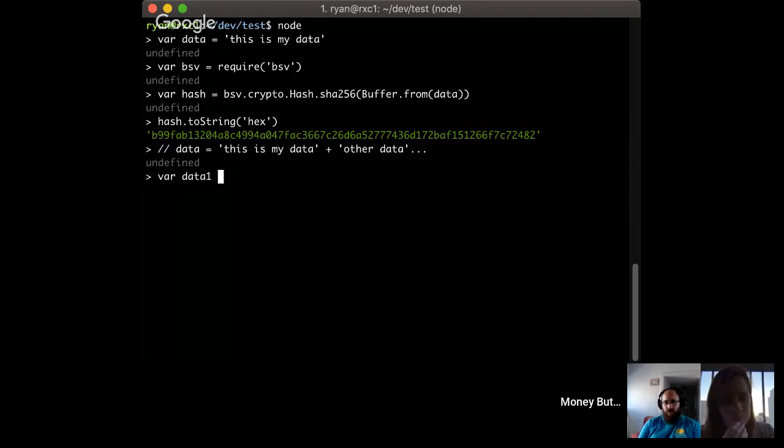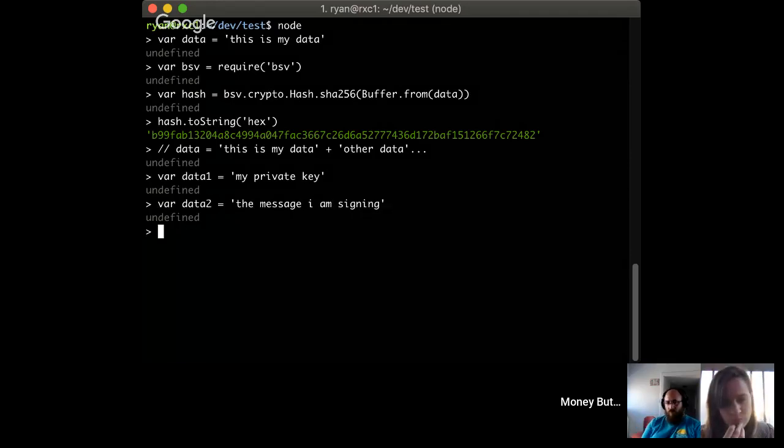I'll say data1 equals my private key, and data2 equals the message I am signing. So I have two pieces of data. Rather than just concatenate them together and say var data3 equals data1 plus data2, I'm not going to do that.